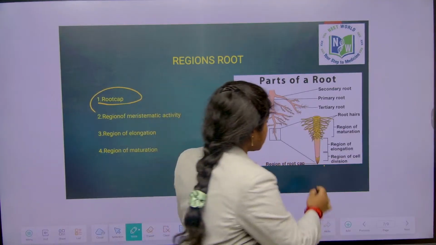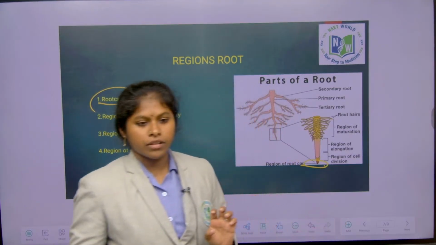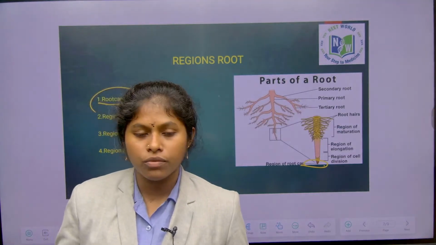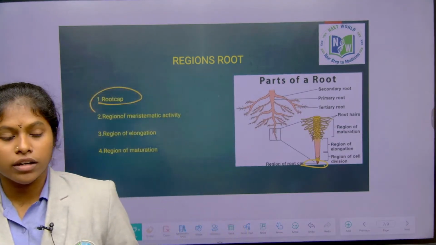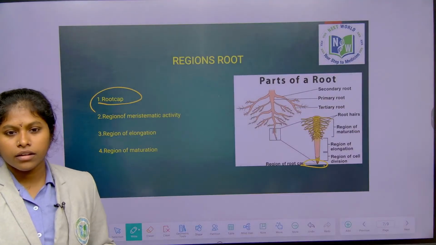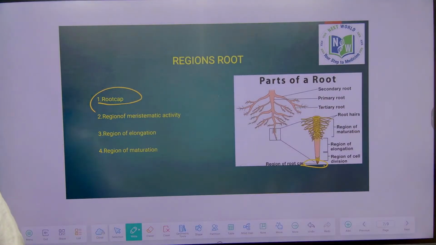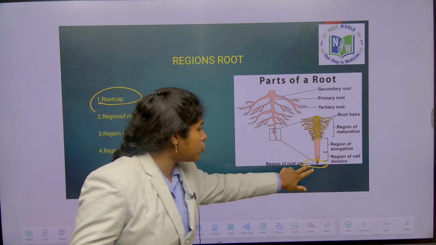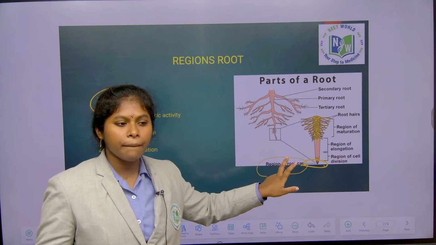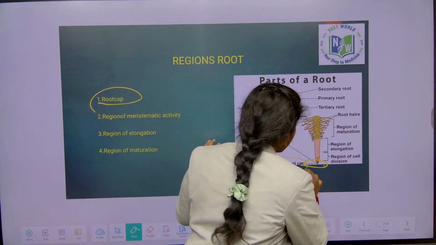So what is the work of the root cap? You wear caps, no? Why do you always wear caps when you are going to sunny regions? For protection. The root cap is also for protection. What is the root cap protecting?